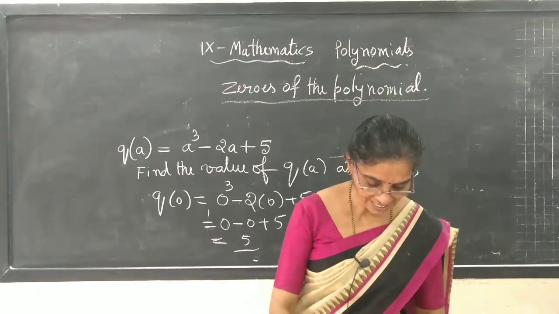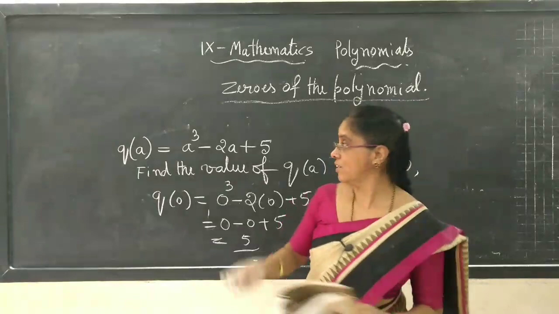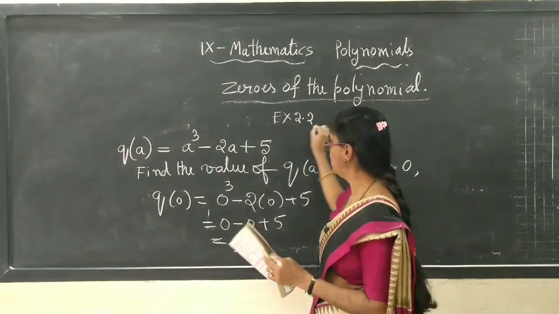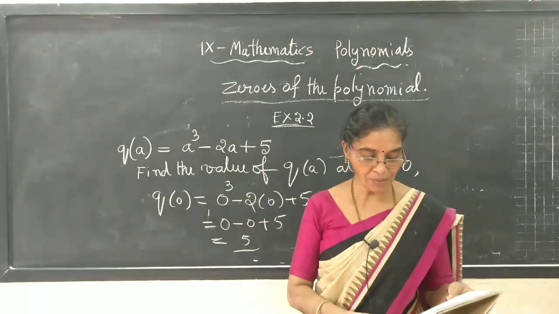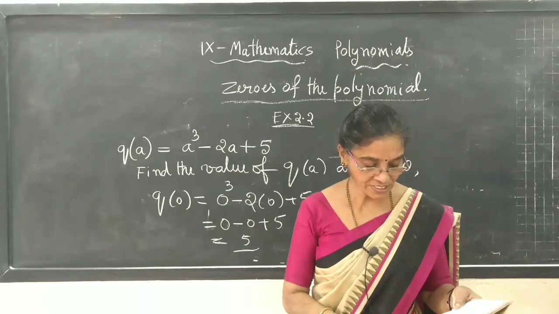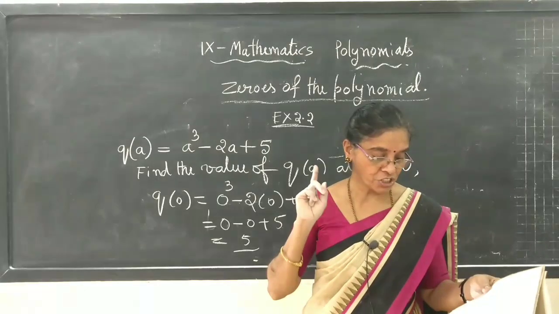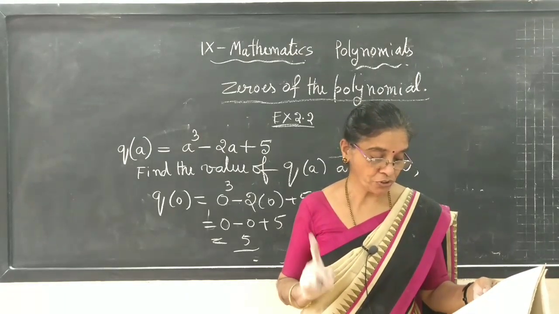Children, will you try exercise 2.2 as homework? In that, first, find the value of the polynomial 5x minus 4x square plus 3. Three problems are given: x is equal to 0, x is equal to minus 1, and x is equal to 2.